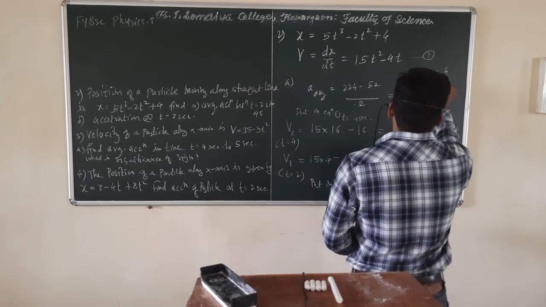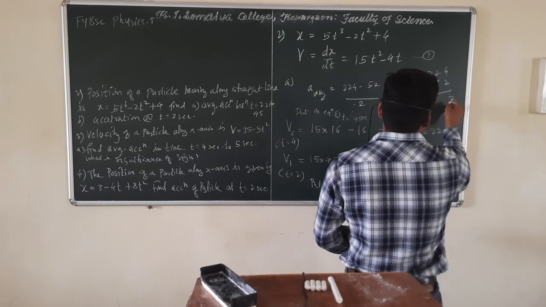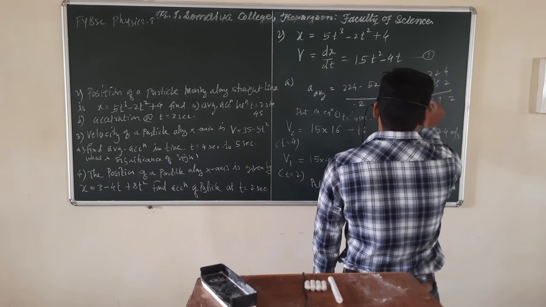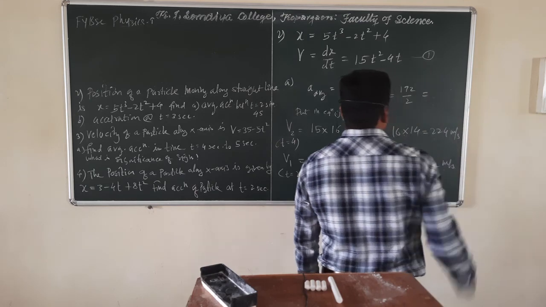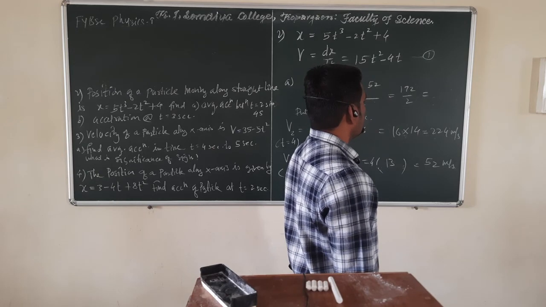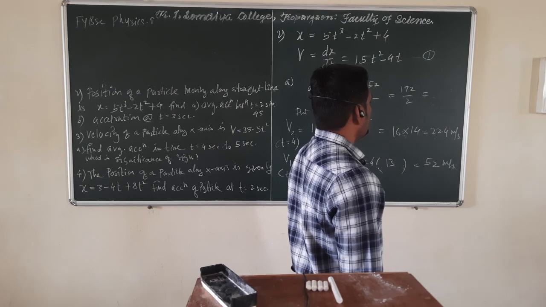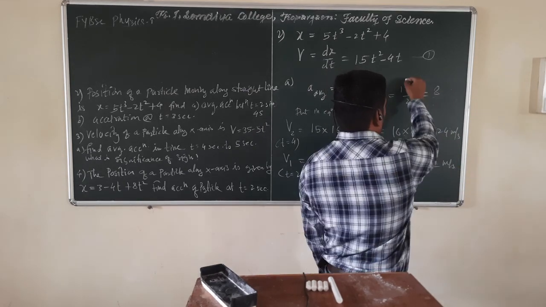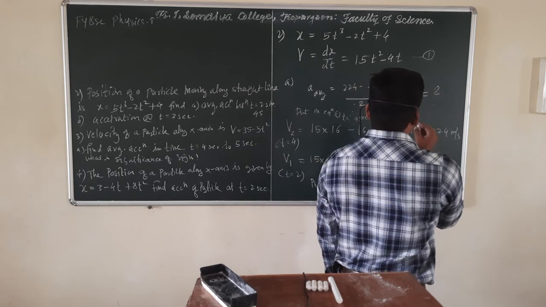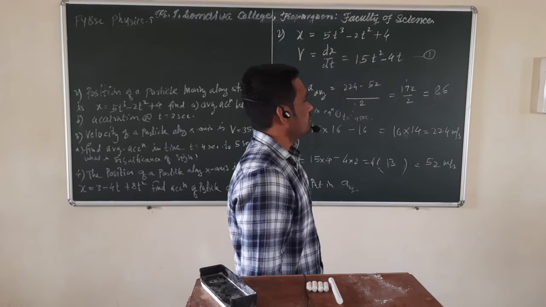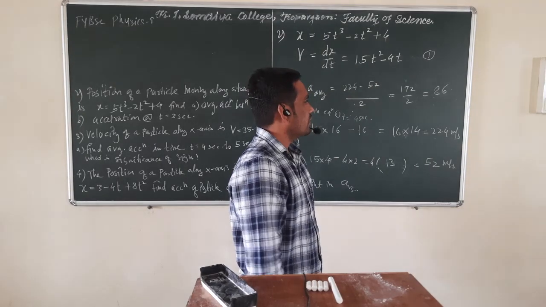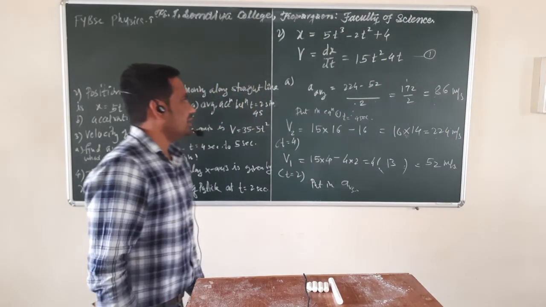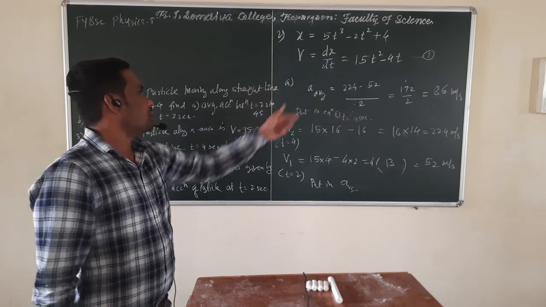Here you will get 172 upon 2, which is equal to 86. Okay, so 86 meter per second is the average acceleration. Now this is the solution of a part.